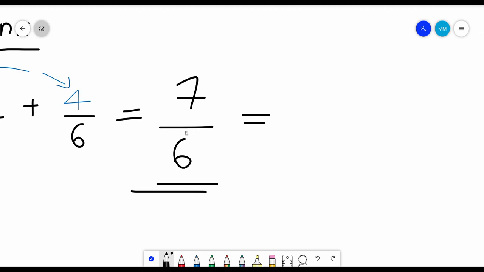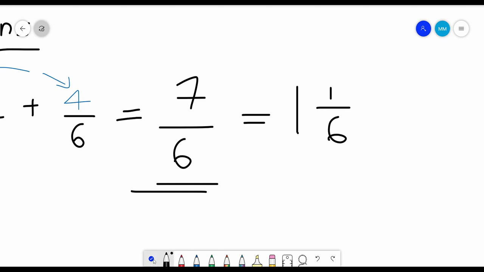This is a divide sign. 7 divided by 6, i.e. how many 6's are in 7? 1. What's the remainder? Remainder 1. We put a line here. We put our remainder in here. That's 1. And we just put the number 6 in there. That's the quickest way out of a problem like this.